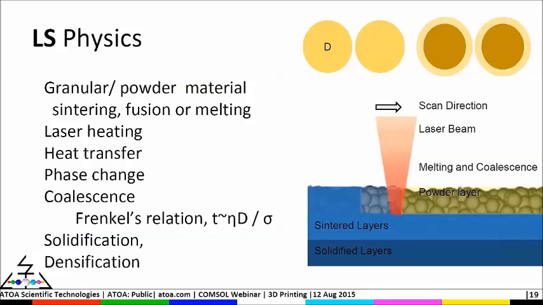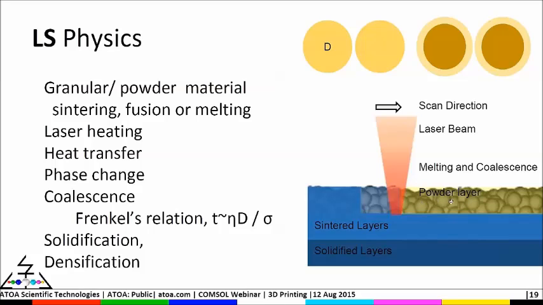As shown in the top right, two types of granular materials are used: one is solid granules, and the second is solid granules coated with a fusible coating. These are the two main forms used in laser sintering. The schematic of the laser sintering process physics is shown here. You can see the scan direction, the laser beam, and the powdered layer bed.